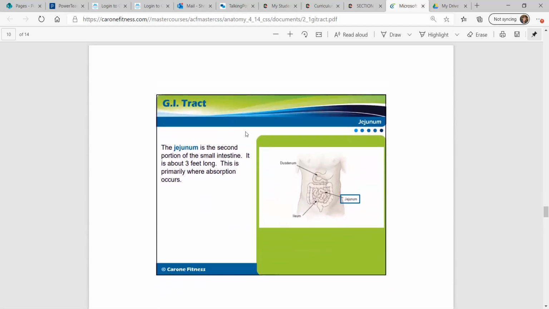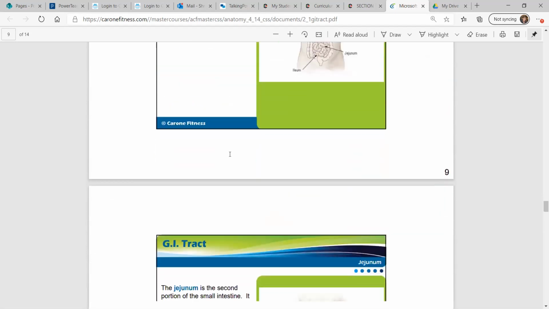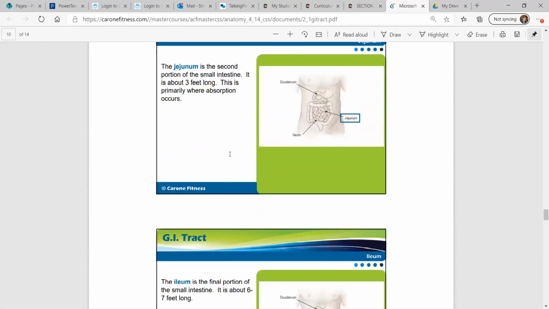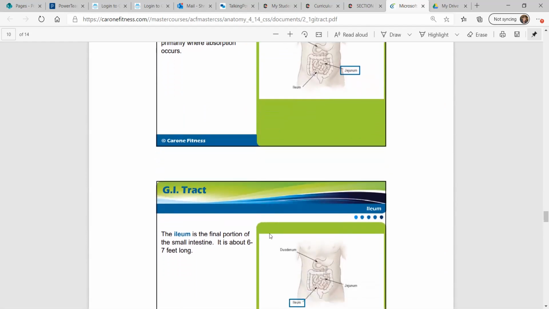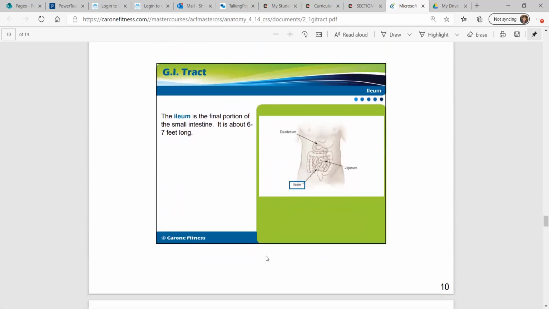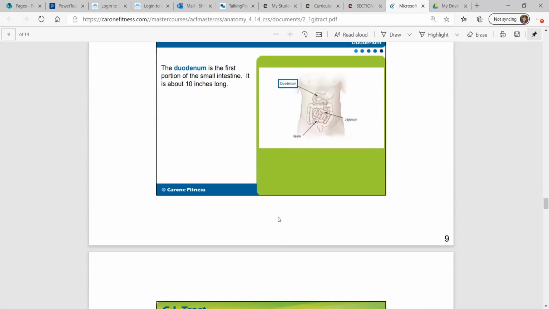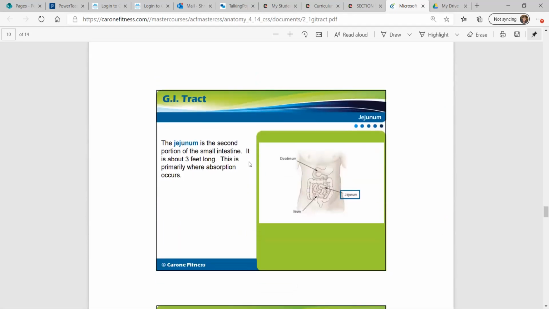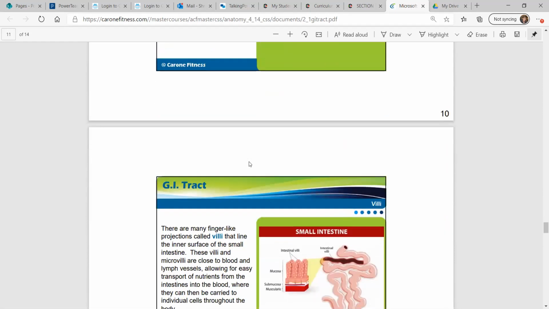The second portion, the jejunum, is about 3 feet long, and this is where the absorption occurs mostly. And then the ileum is the final portion of the small intestine, and that's about 6 to 7 feet long. So it gets longer through each portion, 10 inches to 3 feet to 6 to 7 feet, all wrapped up in the small intestine.